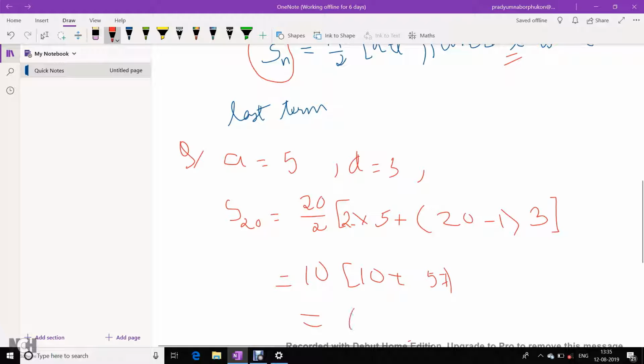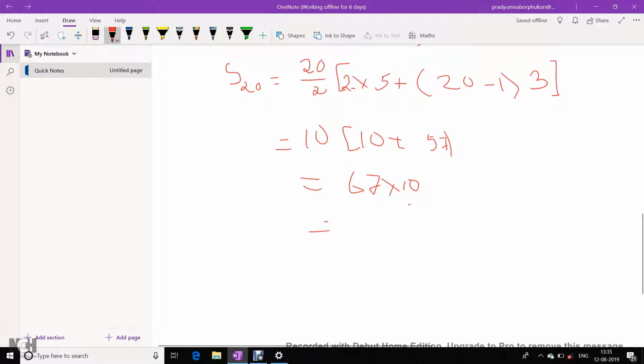Okay, 67 into 10. What will be the final answer? 670. So now we can easily get the sum of n terms of an arithmetic progression in this process.